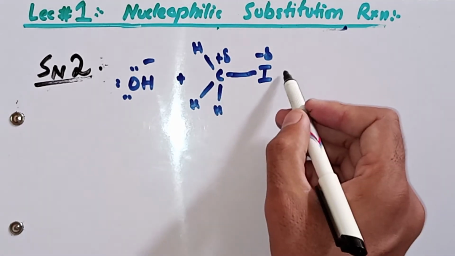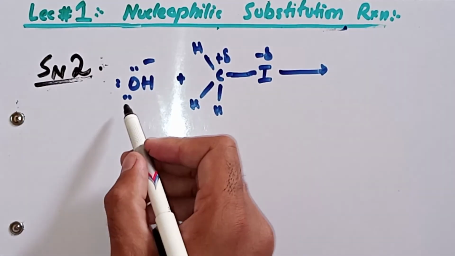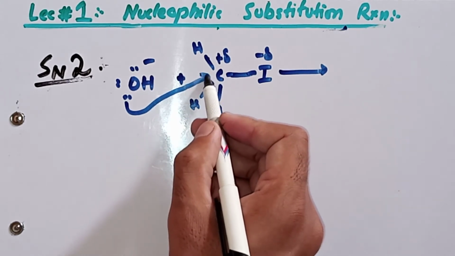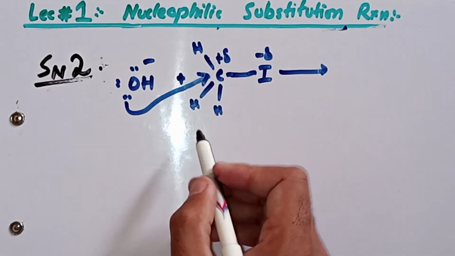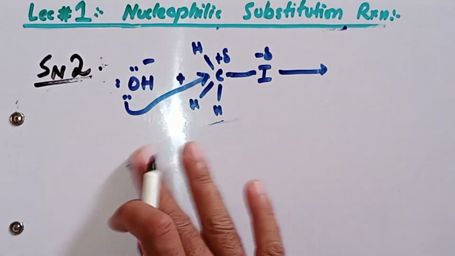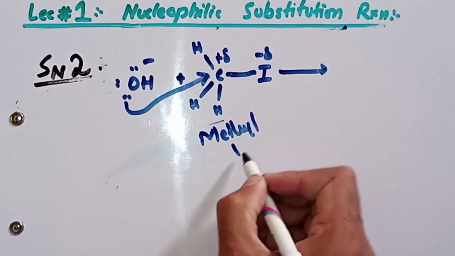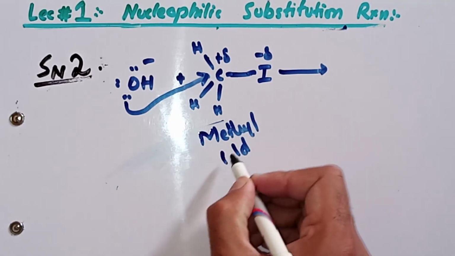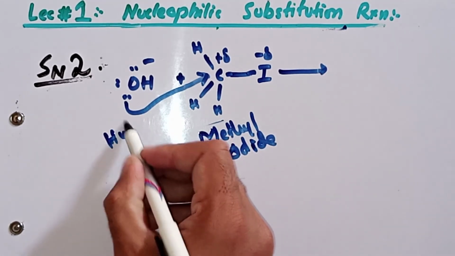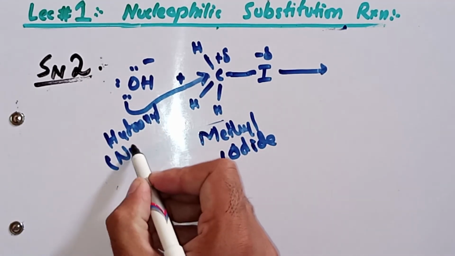Is it clear? After that, what will happen when this lone pair or this negative charge attacks this substrate, methyl iodide? This is the hydroxyl group, or you can use the word nucleophile.